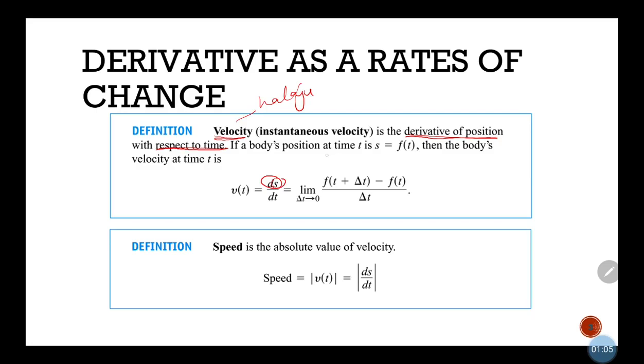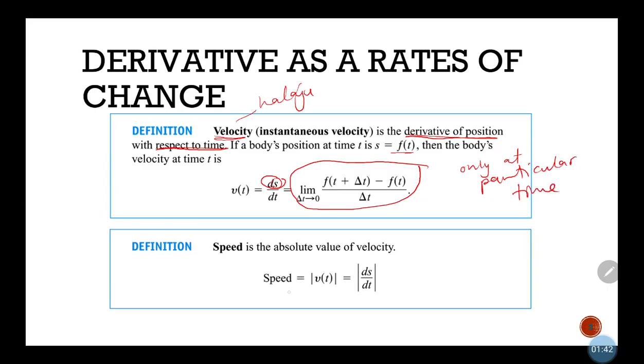If a body's position at time t is s feet, then the body's velocity at time t is this, the equation for the instantaneous rate of change. For velocity, it is only at a particular time.